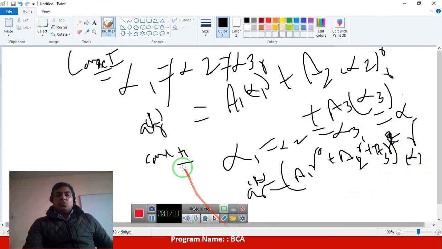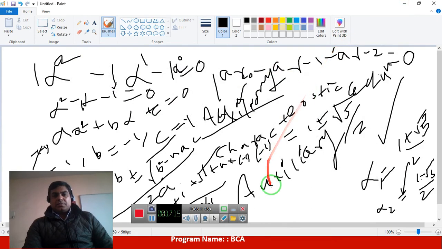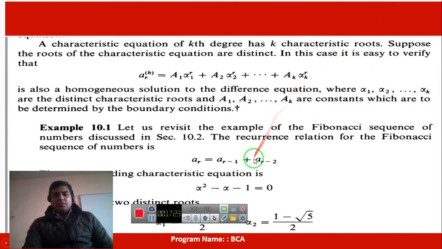If the root is repeated, we can explain in this manner. We have two roots repeated, so we will write the solution for this, but before this I will explain something. If the roots are distinct, then you should write constant times root to the power r, constant times root to the power r.